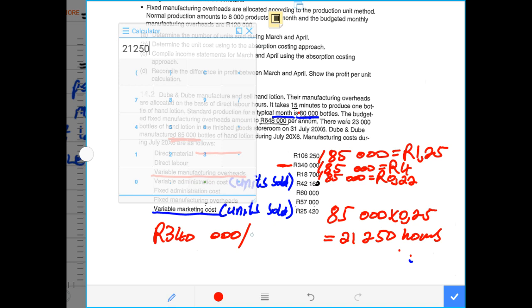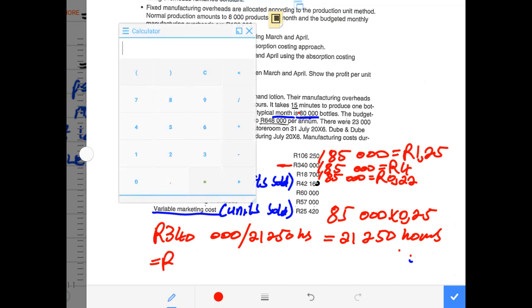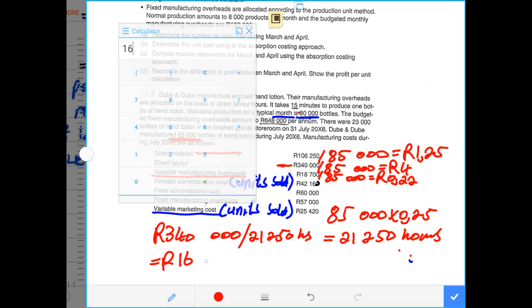Therefore now we divide by 21,250 hours. It will be 340,000 divided by 21,250 hours. This will be 16 rand per hour. Then we say we are looking for the direct labor cost per unit, not per hour.